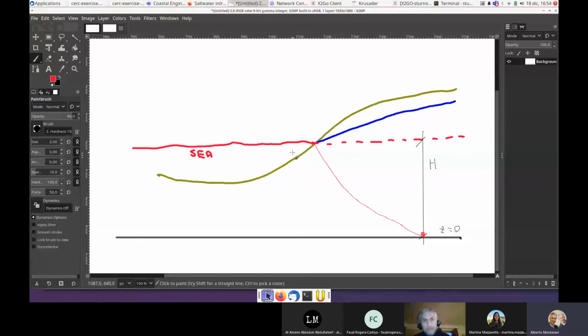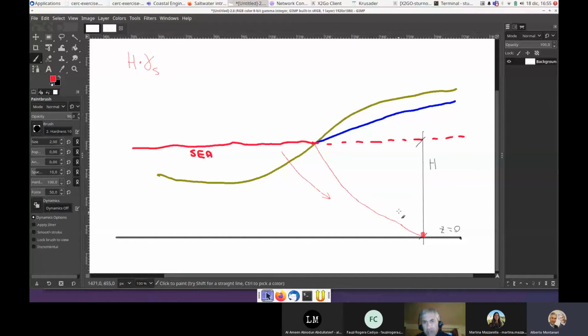It is a pressure that comes from the sea and pushes into the land, of course. This pressure can be given by the height of the column of salt water, H, times, let's indicate with gamma S the specific weight of salt water.